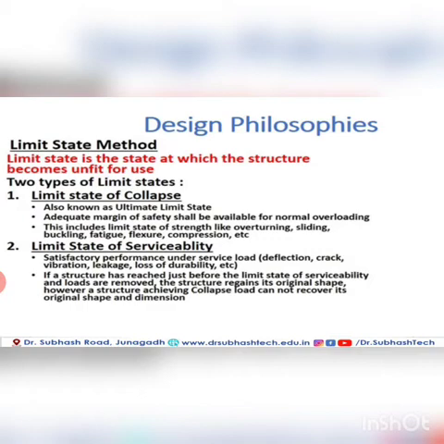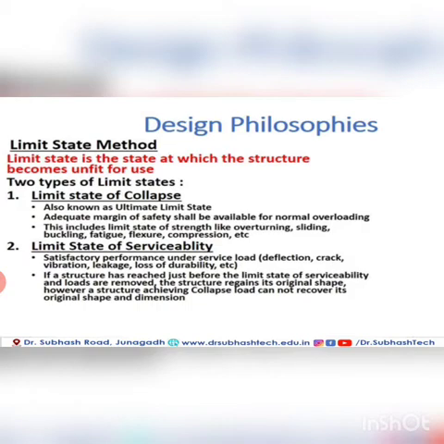Limit state method. In this subject we use the limit state method based on IS 456-2000. Limit state is the state at which the structure becomes unfit for use. There are two types of limit state: limit state of collapse and limit state of serviceability.